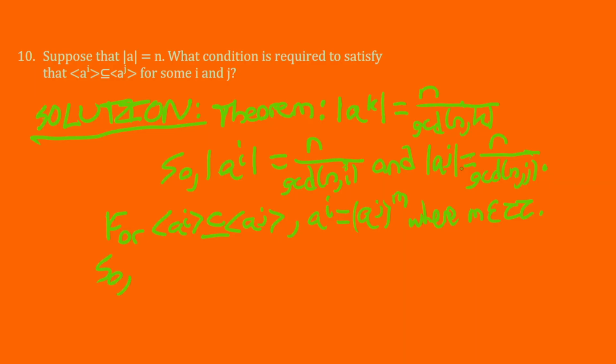So n over the greatest common divisor of n and i must divide n over the greatest common divisor of n and j.